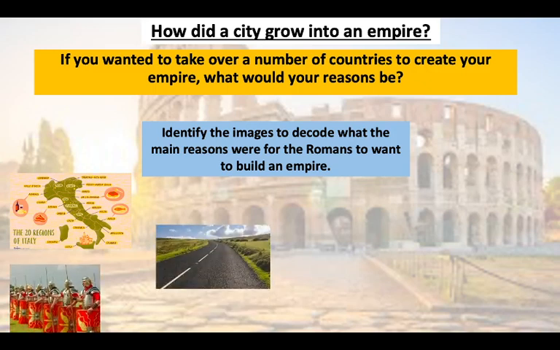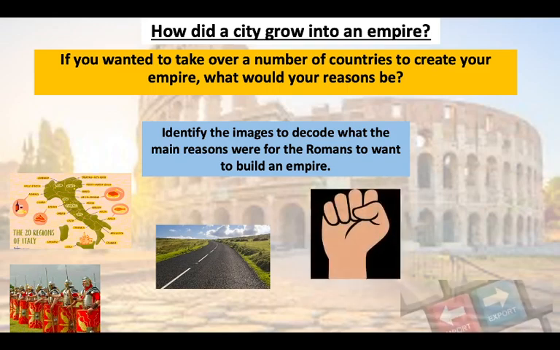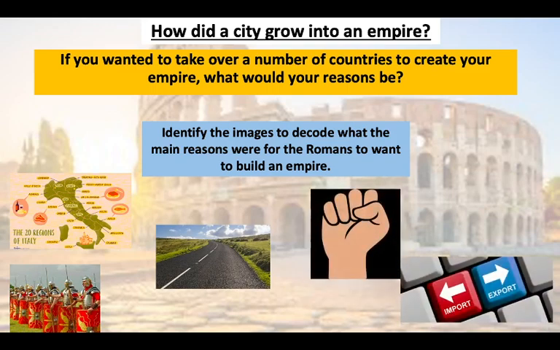We've got some soldiers. You can see some other images. And there's our last image. So see if you can try and decode what those images are. I've given you some hints already. So if you want to pause the video here and just spend about 30 seconds to a minute trying to decide what they are, please.